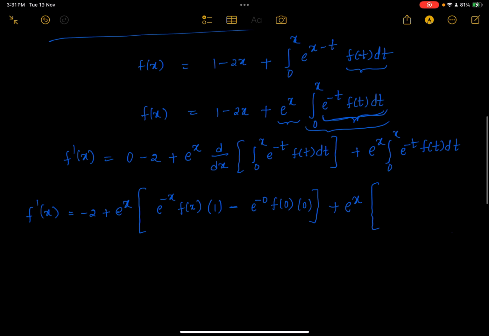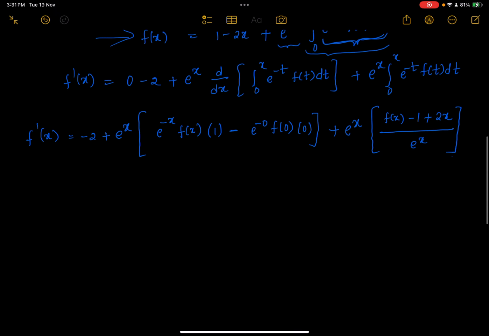If we go back to the equation, this integral can be written as f of x minus 1 plus 2x by e to the power x. So this and this get cancelled. So f dash of x is equal to minus 2 plus, this term is 0, e to the power x into e to the power minus x is 1, so this is f of x plus f of x minus 1 plus 2x.